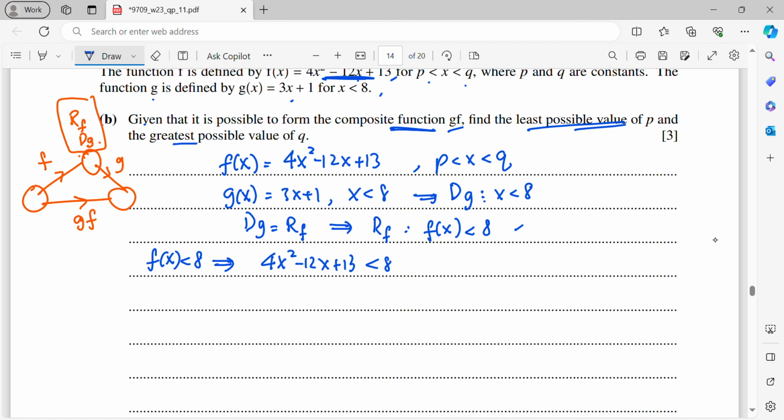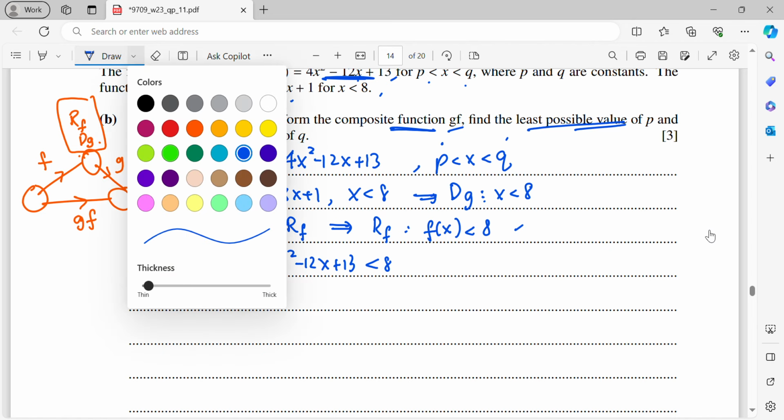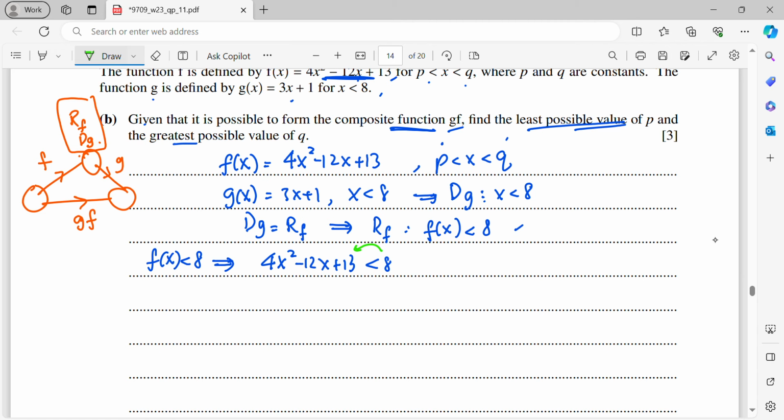So now, to get p and q, I just need to find the x values from this inequality. What to do is move the 8 to the left hand side and solve the quadratic inequality. Then here I will be getting 4x squared minus 12x, 13 minus 8 is plus 5, then less than 0. Factorize this, and you will get 2x minus 5 and 2x minus 1.